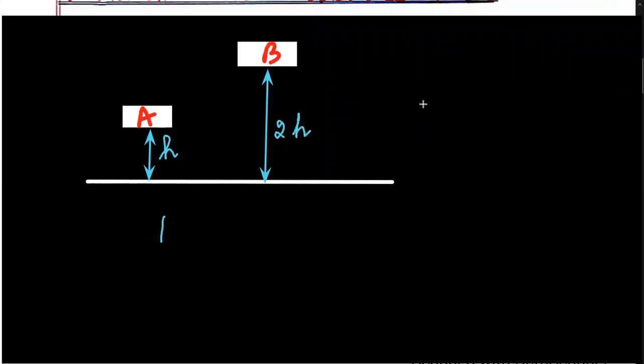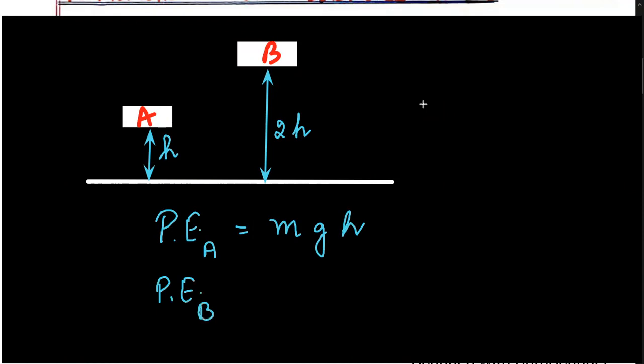So let's find the potential energy of A. Potential energy of object A is mgh, while potential energy of B, the object placed at height 2h. Now, this object has the same mass.